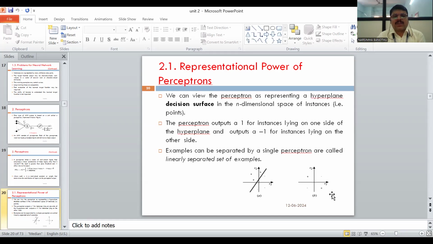You can observe this in A and B. See here, the perceptron outputs 1 for instances on one side of the hyperplane, and outputs minus 1 for instances lying on the other side, right? Okay. So see, examples that can be separated by a single perceptron are called a linearly separable set of examples. You can see here, A and B are separated.